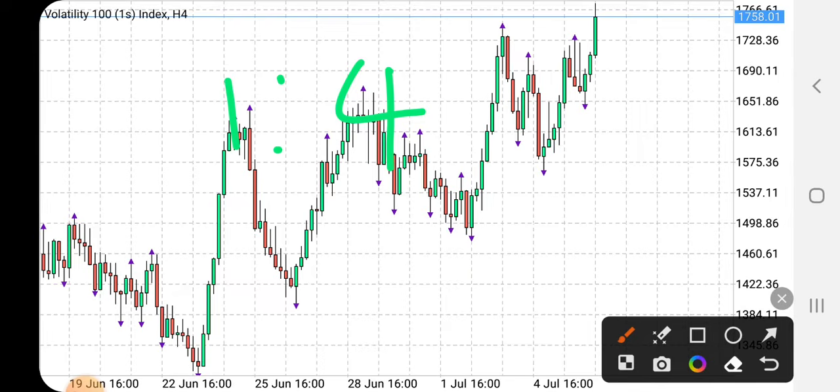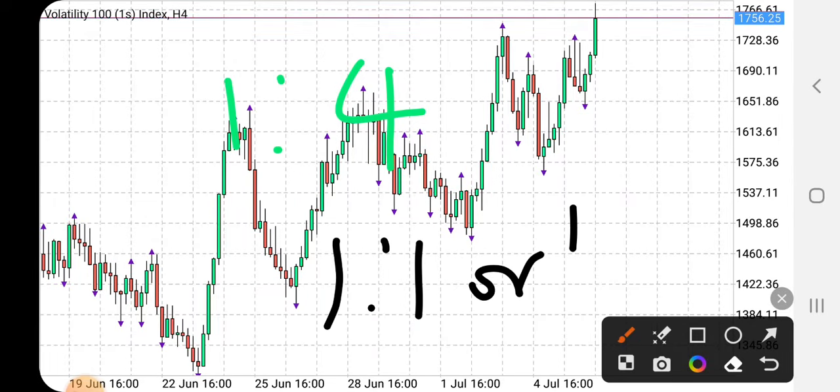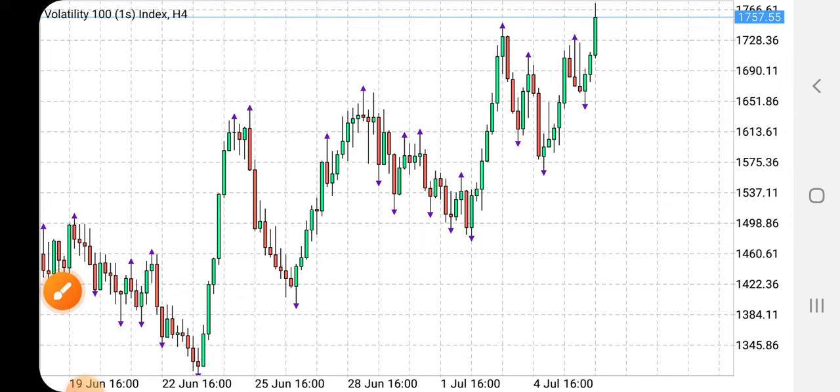So if you must use it on a ranging market, you have to reduce it to maybe 1:1, or you can use 1:2. The reason is that when the price is ranging, the price is not making a big move. There is no big move in the market. So when you start expecting high when the price is ranging, you are definitely not going to hit your TP. So that's the reason why you need to have a strategy for a trending market and a ranging market.